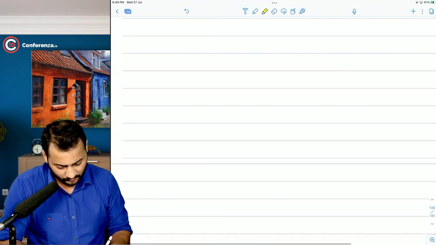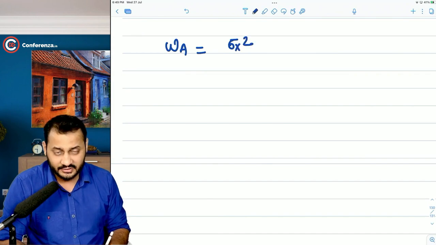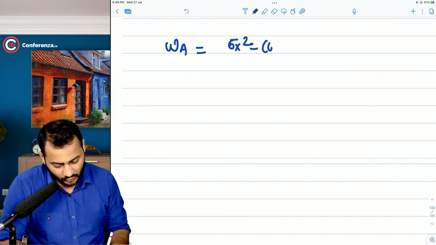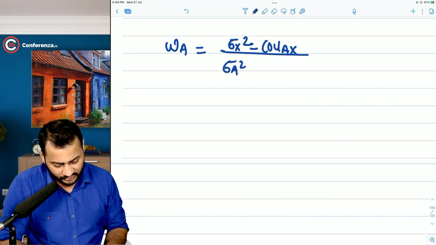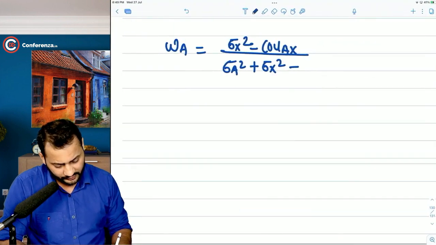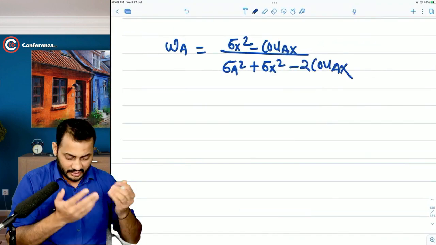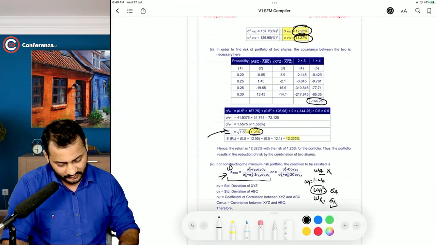See, I will write down the formula here. Weight of A is equal to standard deviation of X square minus covariance of AX, divided by standard deviation of A square plus standard deviation of X square minus 2 into covariance of AX, right? Let's start putting the values. What was the answer for variance?